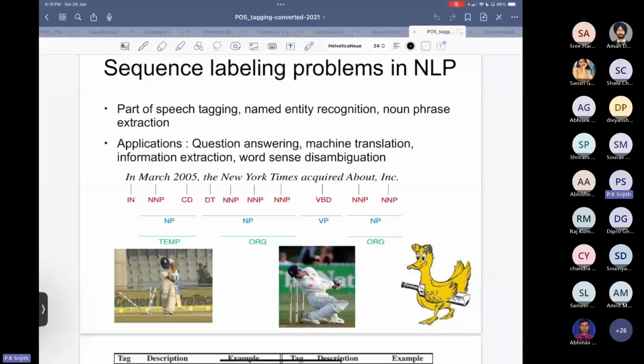Now several problems in NLP require us to understand the structure of the sentence, how the sentence is arranged, which is known as the syntax of the sentence.